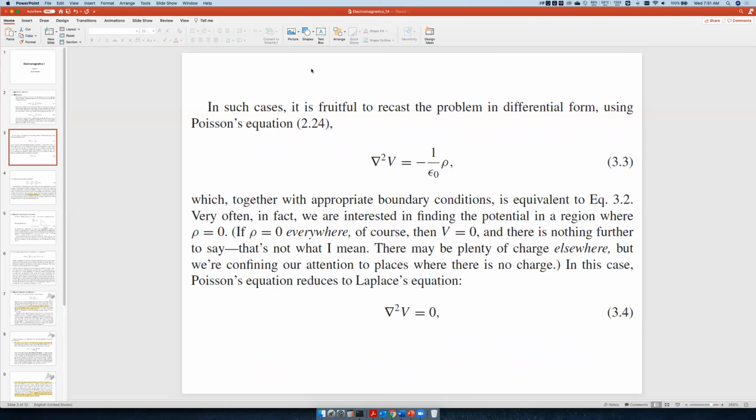In such cases, it's fruitful to recast the problem in differential form using Poisson's equation, which is shown here. The second derivative of V equals 1 over epsilon times the charge density, with a negative sign before this value.